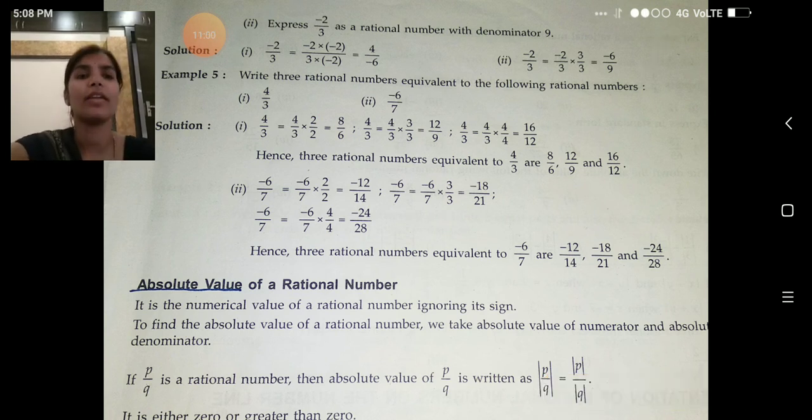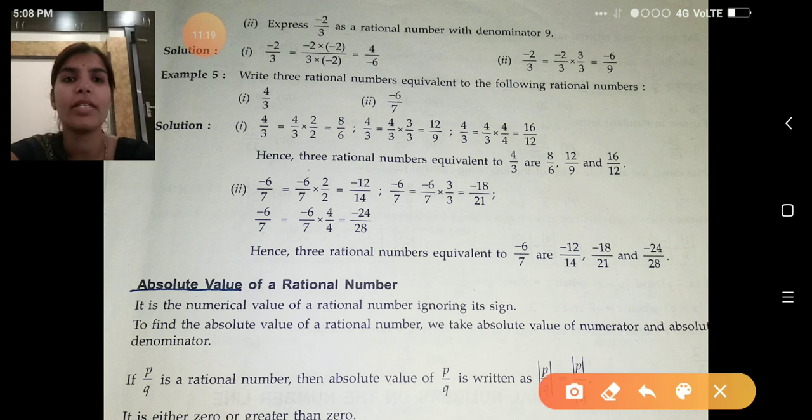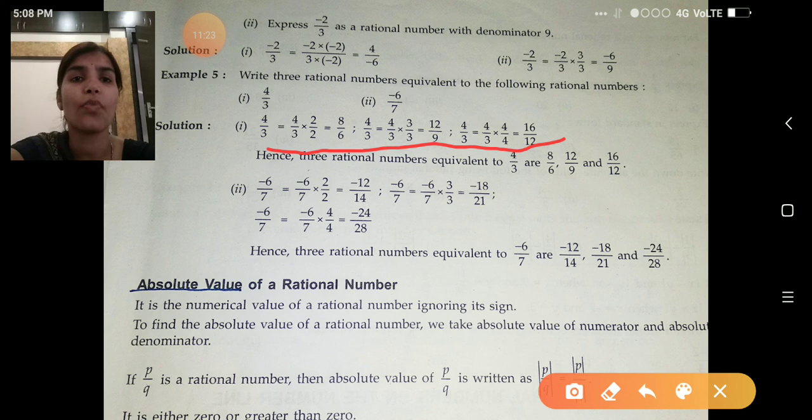Okay. Then the next one is write 3 rational numbers equivalent to the following rational number. All of you know the tables. So first you write down the table of 4 and of 3. 4 twos are 8, 3 twos are 6. Here you are writing only the tables. So the first rational number is 8 upon 6, then 12 upon 9, then 16 upon 12.